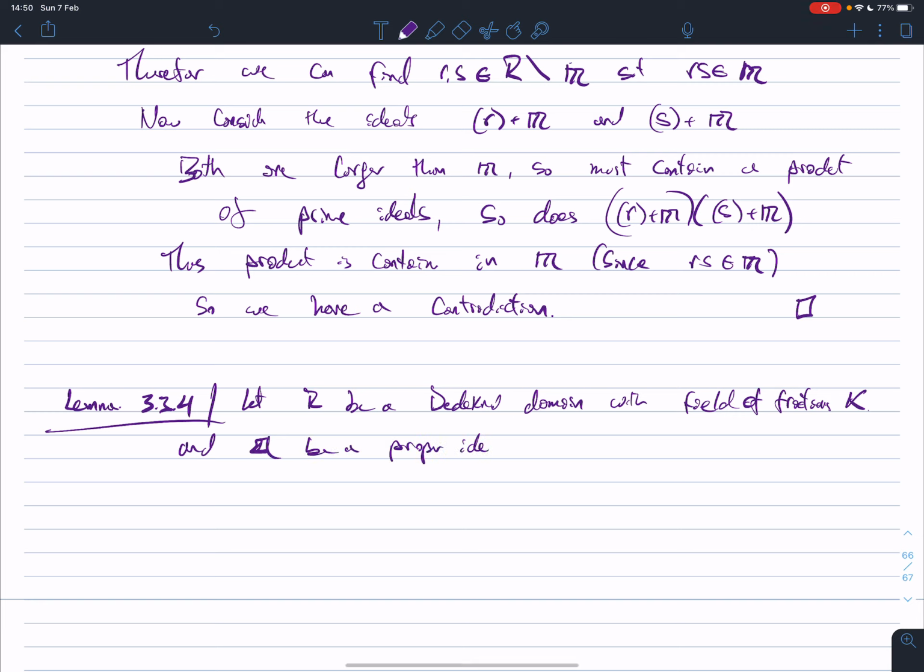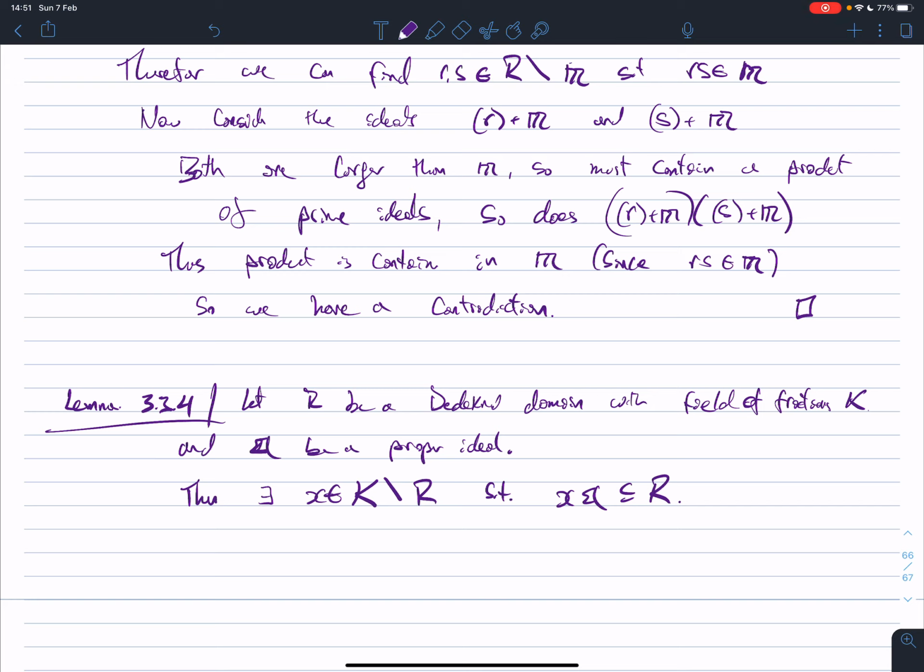When I say proper, I mean it's not the whole ring and it's not zero. Then there exists some x in K, not in R, such that x times my ideal is contained in R.